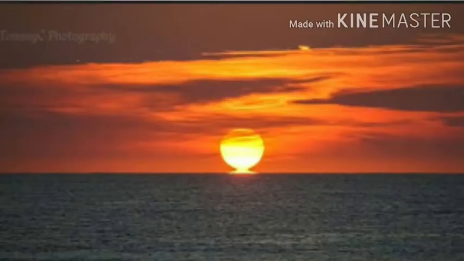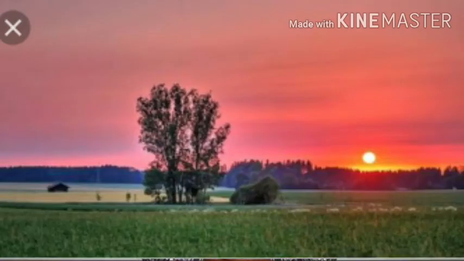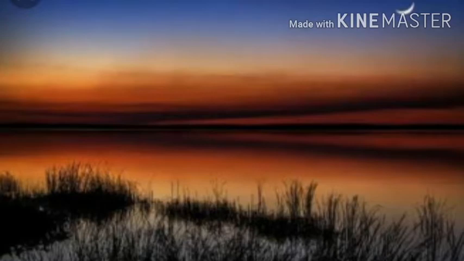During the course of the day, different places experience different phases one after another, such as dawn, sunrise, midday, sunset, dusk, and midnight. It happens because of the continuous rotation of the earth.